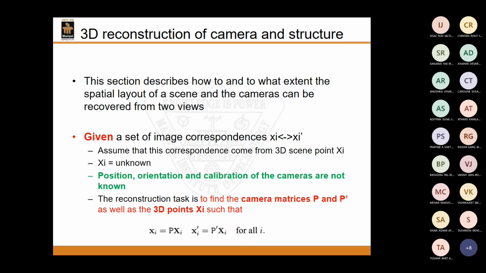In that case, what we can do is these camera parameters, that is P and P dash, whatever notation we are giving, let's say that we are finding these along with capital X, that is the 3D point. That means in the reconstruction technique, along with calculating the 3D points, we are also calculating the camera calibration parameters.